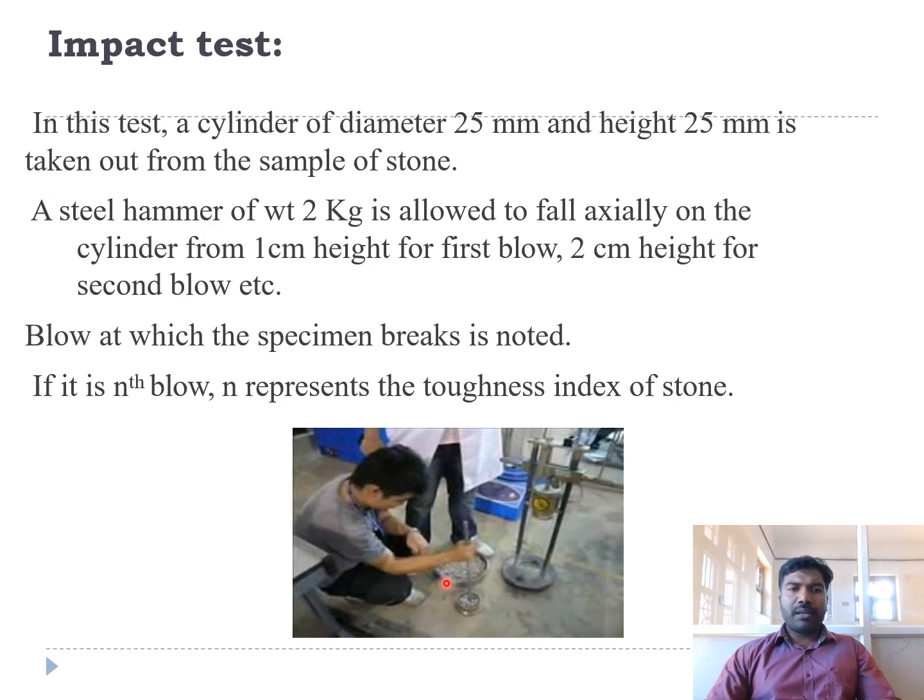A steel hammer of weight 2 kg is allowed to fall axially on the cylinder from 1 centimeter height for the first blow, 2 centimeter height for the second blow, and likewise we increase the height. The blow at which the specimen breaks is noted. If it is the Nth blow, N represents the toughness index of the stone. This is the impact test procedure.